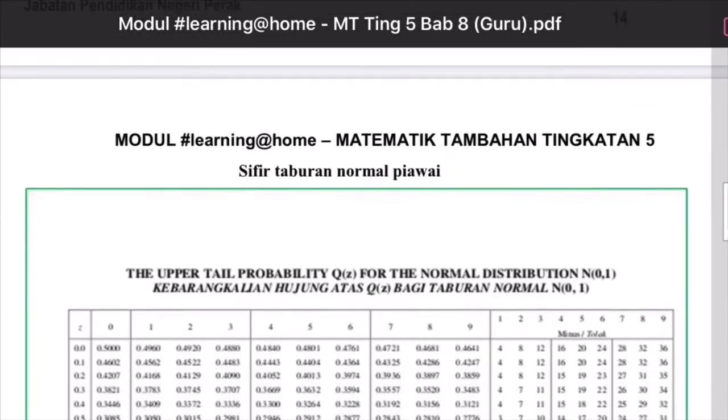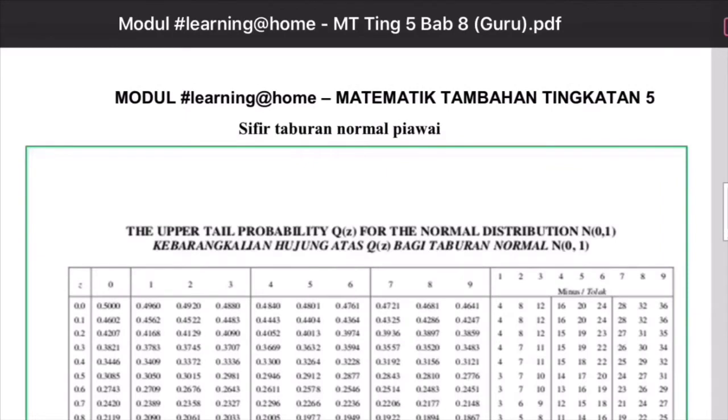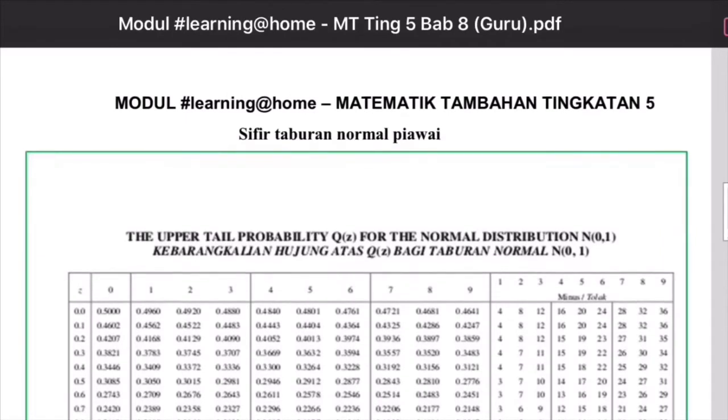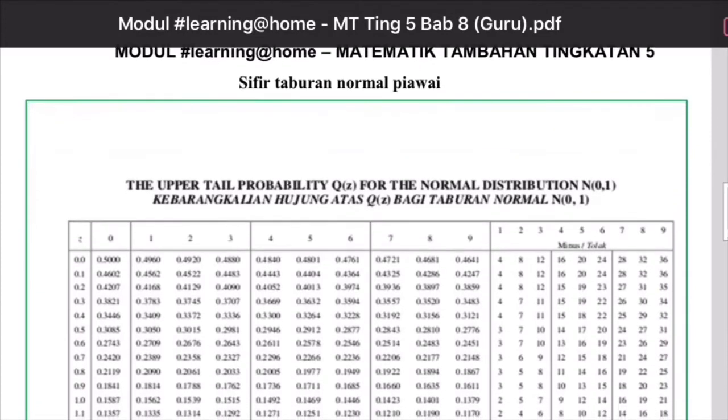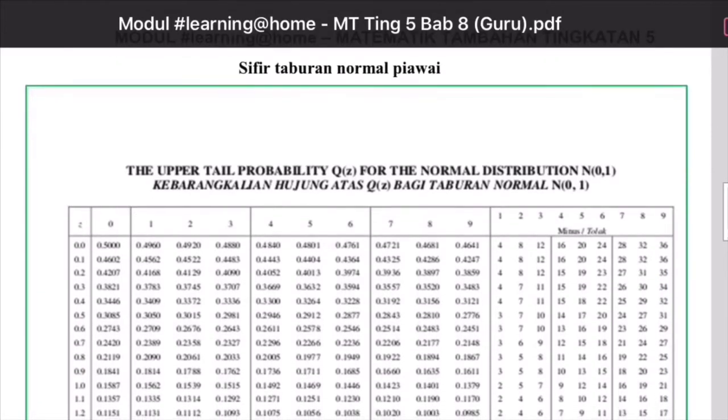So this is what we call the standard normal distribution table. This piece of standard normal distribution table will be given to you in the SPM exam.